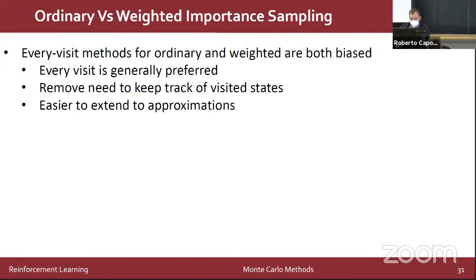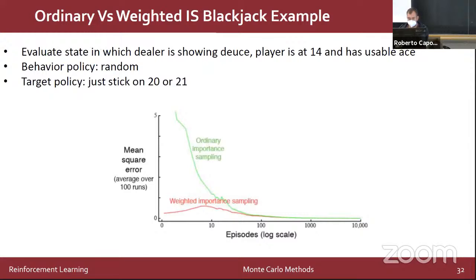So if we consider an every-visit method for both the ordinary and weighted importance sampling ratios, and we'll see the pseudocode in any case, you'll see that you get a mean square error which is lower in the case of weighted importance sampling compared to ordinary importance sampling.